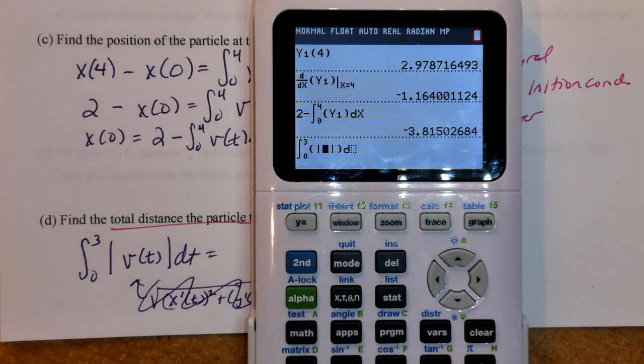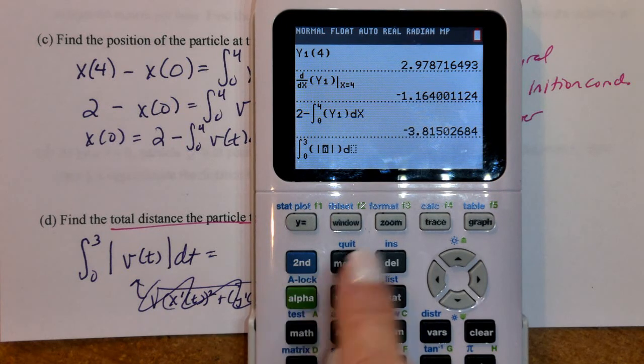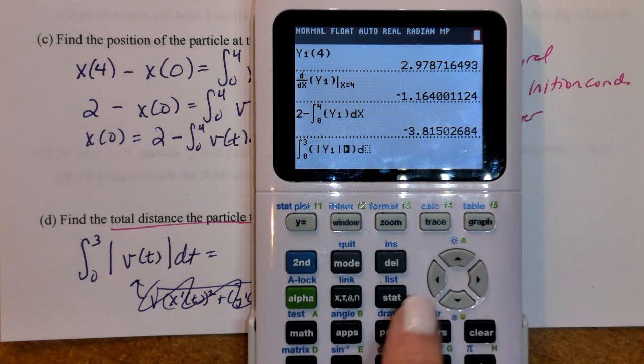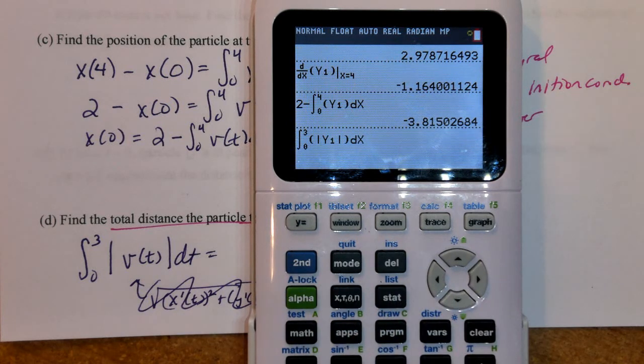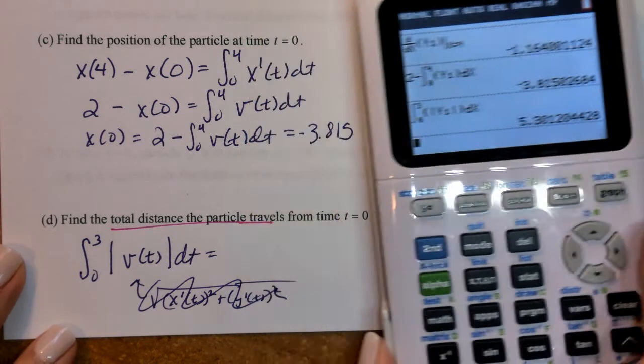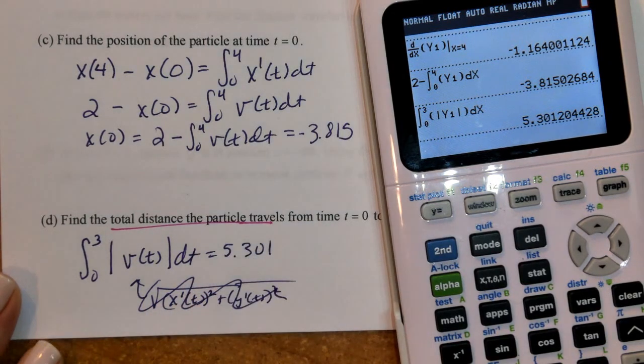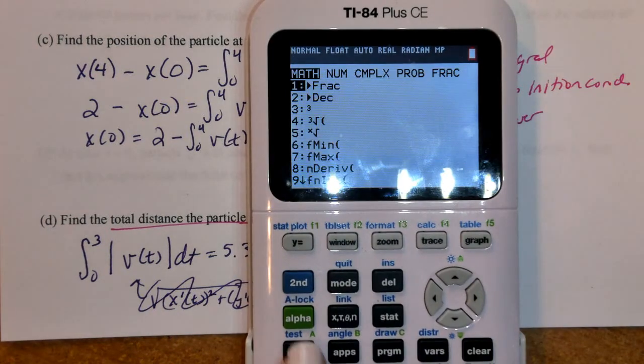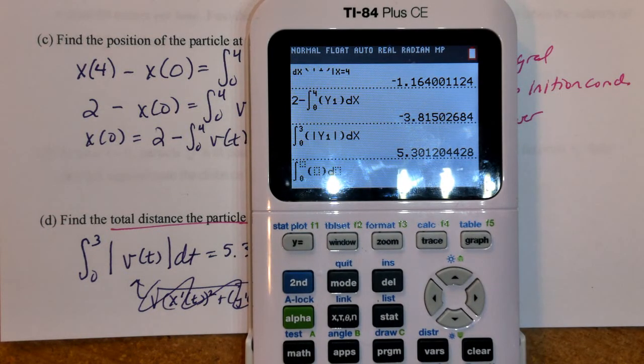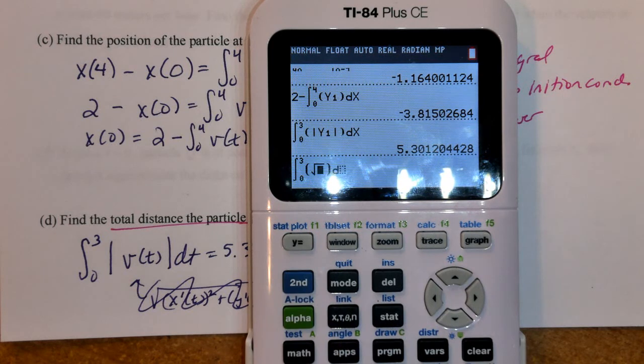I know it's in one of those, so I just pick one until I get it. Of y1 dx. So 5.301.